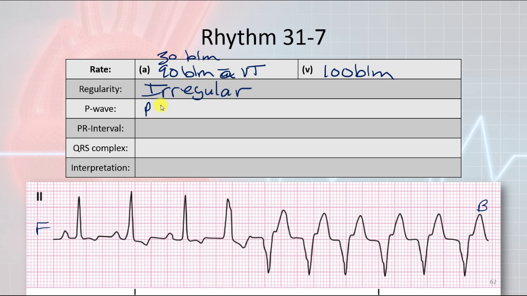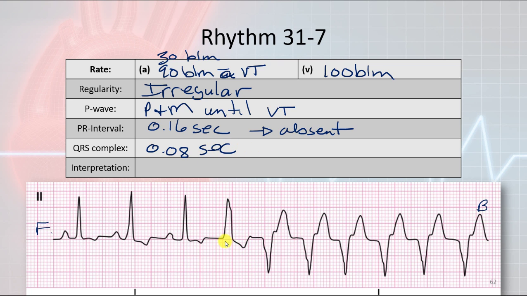P waves: present and married until the VTach, and then absent. PR interval up here is about 0.16 second. Up here, the QRS is 0.16 second to absent, if you want. QRSs over here are 0.08 second.